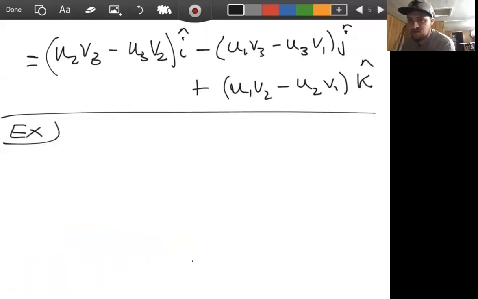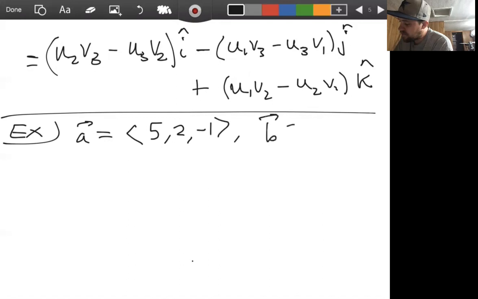We can see that this is a lot better and a lot more smooth than trying to label our numbers each time like u1 through u3 and v1 through v3 and then plugging them in, et cetera. Now, if we have a equals the vector 5, 2, -1, and b equals the vector 0, -1, 4, let's compute a cross b.